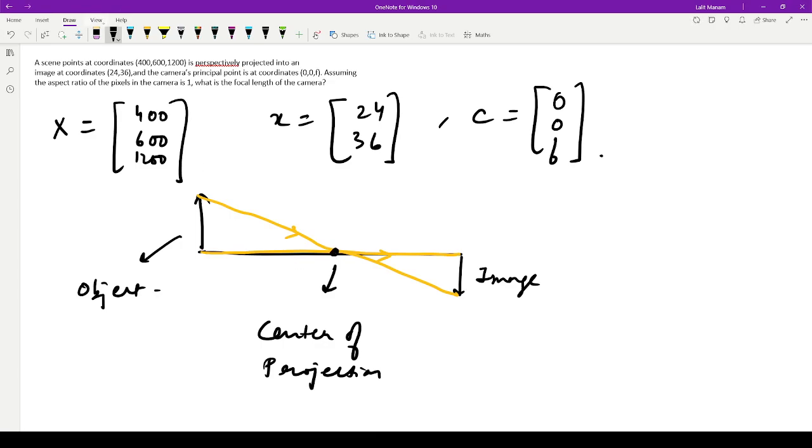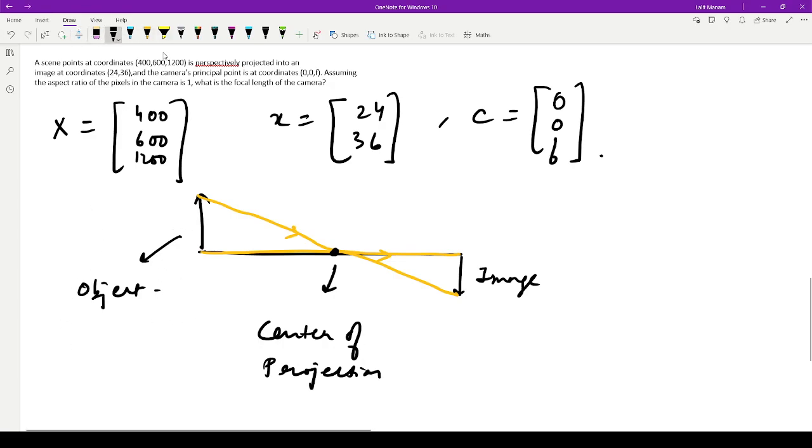So this specific model is called perspective projection, and this is used in the basic pinhole camera model. Pinhole was also discussed in the lecture, so we'll get to that. So the basic idea of perspective means everything will pass through a center of projection. That's it. That's the basic simple idea.